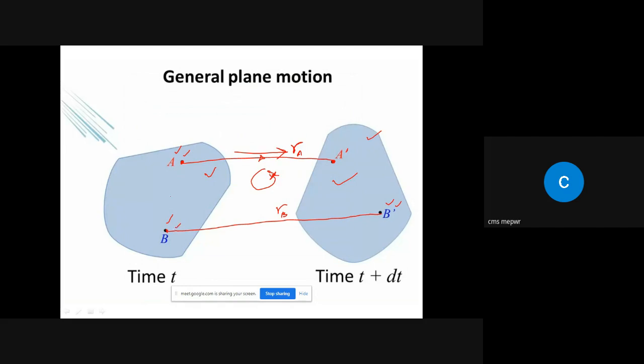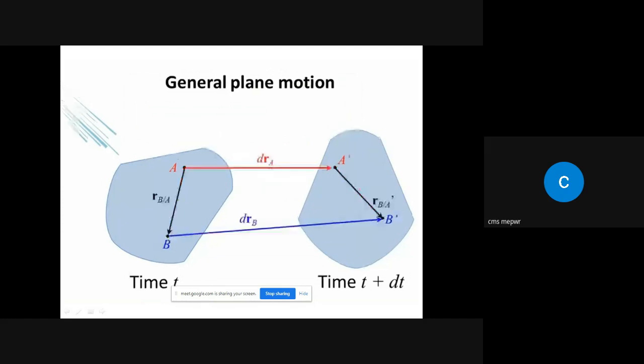And if we want to find out the position of point B with respect to A, the position vector in this case may be RB/A, and in this case it will be RB'/A'.